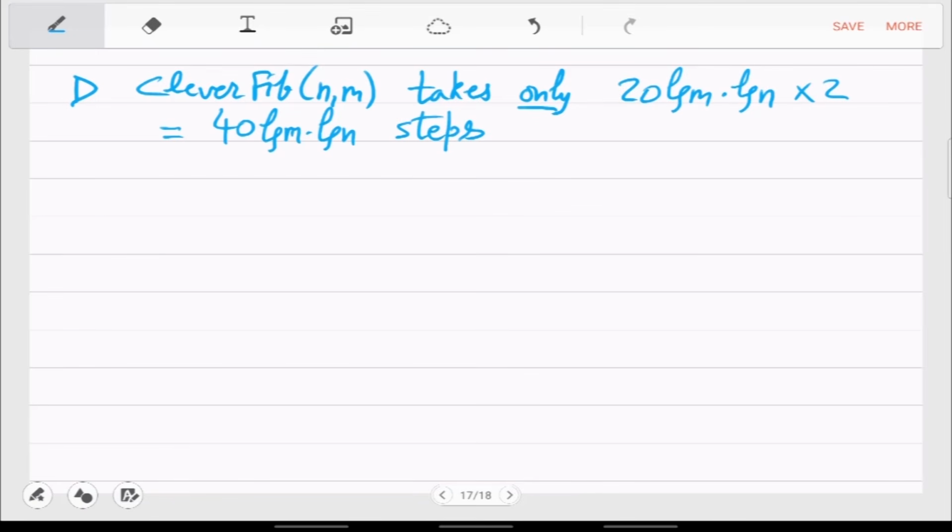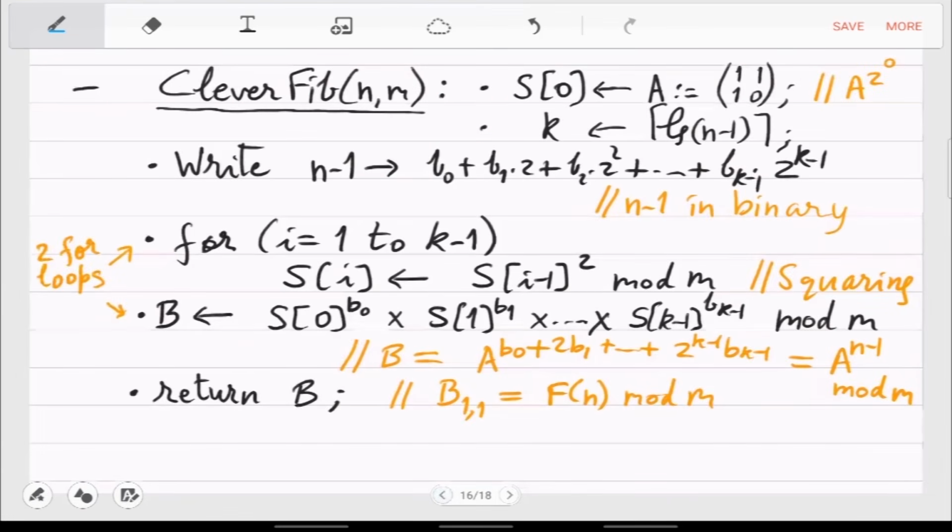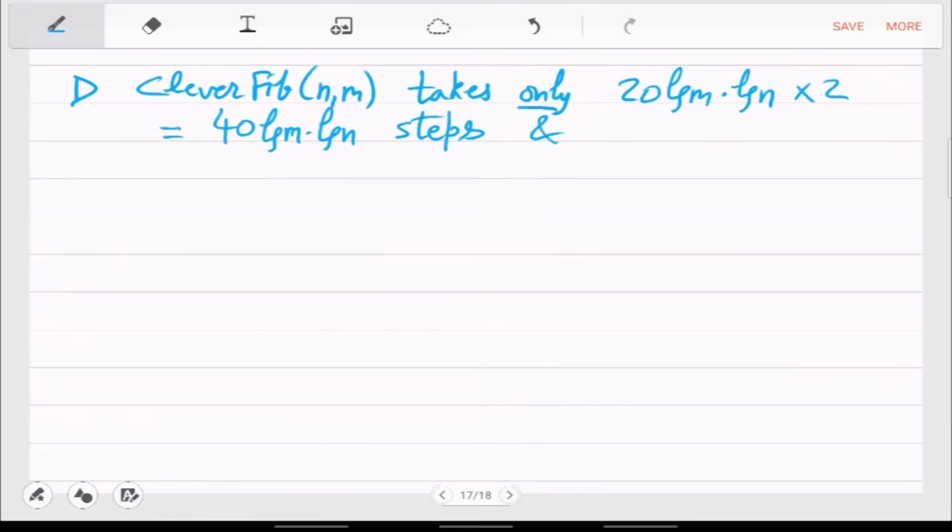And what is the space requirement here? The array is the biggest space consumer here. The array has k log m data. K is around log n. So this is around the same space.